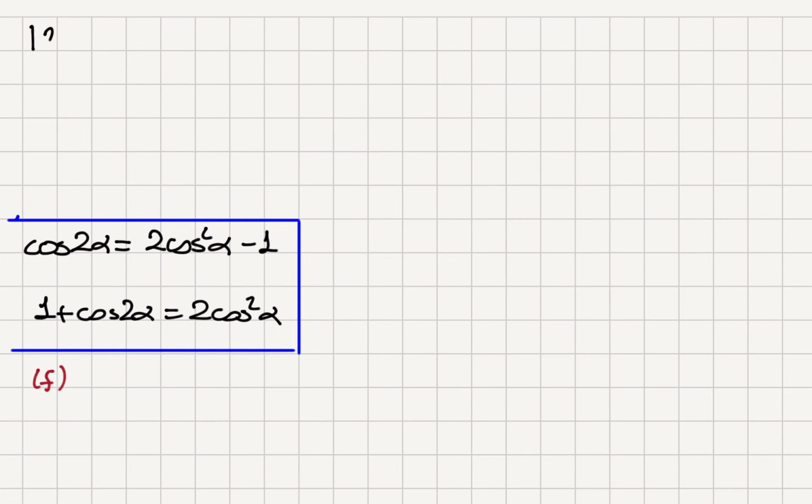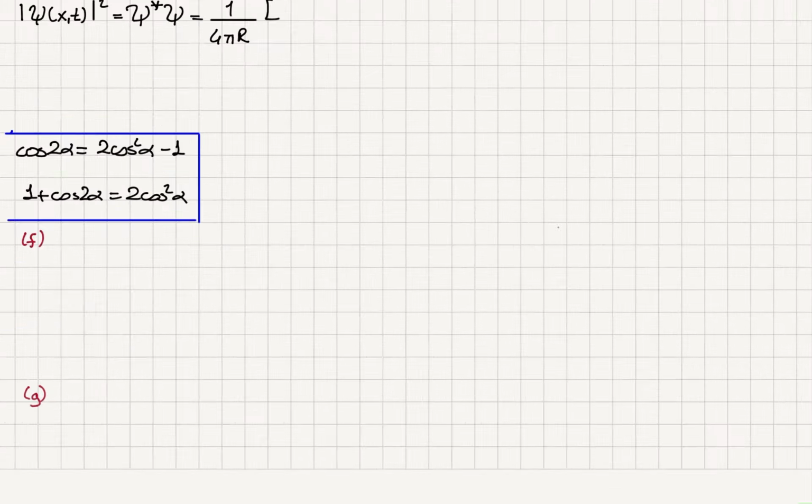Absolute psi of x and t squared is equal to psi complex conjugate multiplied with psi. So 1 over square root of 4 pi R multiplied with itself gives us 1 over 4 pi capital R. And then we have to perform this multiplication.